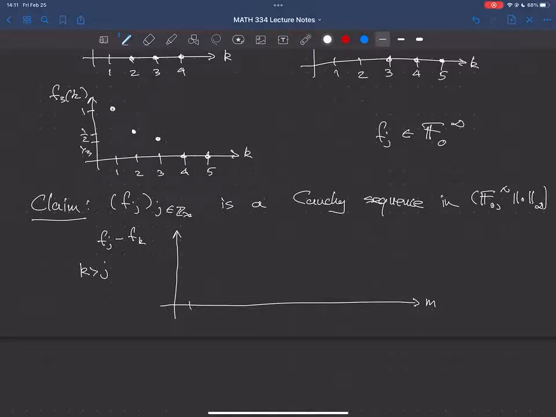So here I have, let's say, 1 and 2, and I go along here until I get to j. Let's see what happens with fj minus fk here, because j is the first one I'm going to come to. So up until here, I also have j minus 1.